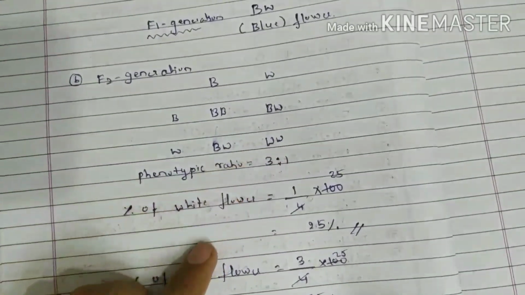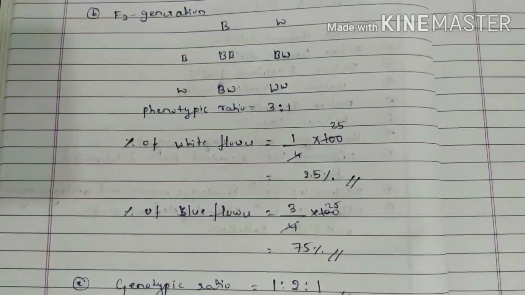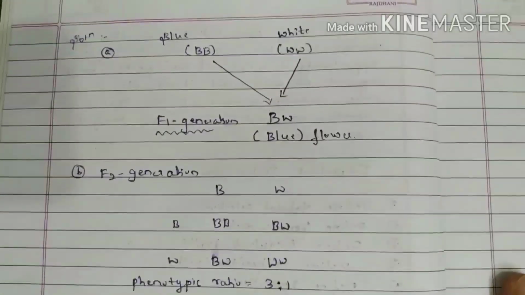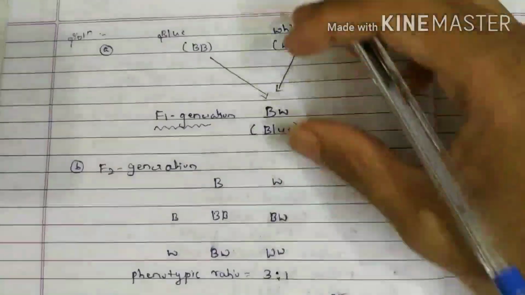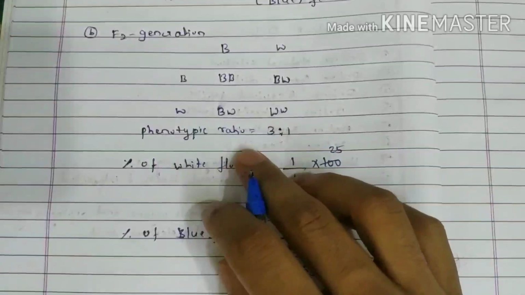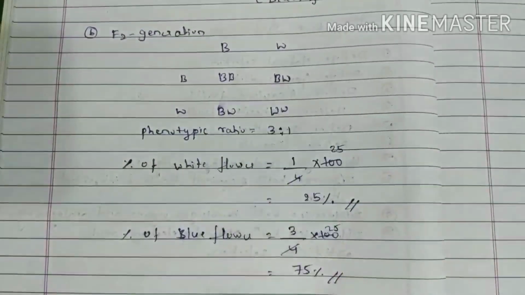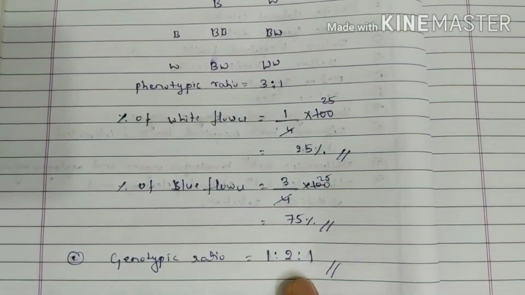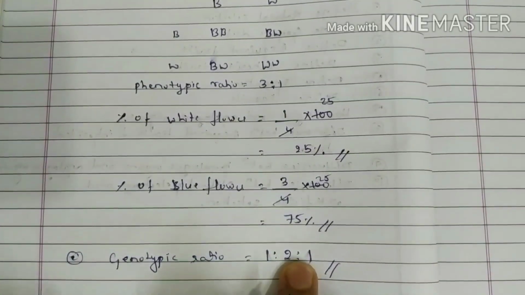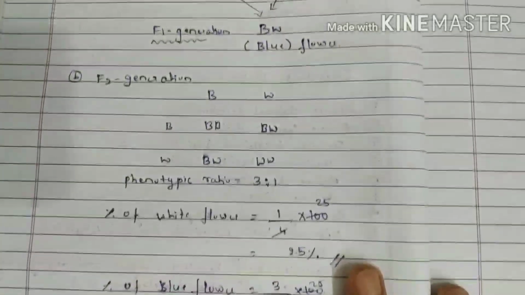So that is the genotypic ratio. That is the solution of this question. Hope you understand easily. So how I solved it: easily and neatly, first for the F1 generation, then the F2 generation, and then the percentage of white. If they ask for white, you write white; if they ask for blue, you write blue; and it is not the genotypic ratio. The genotypic ratio is pure blue, mixed blue-white gene, and then pure white. So that is the solution of this question.